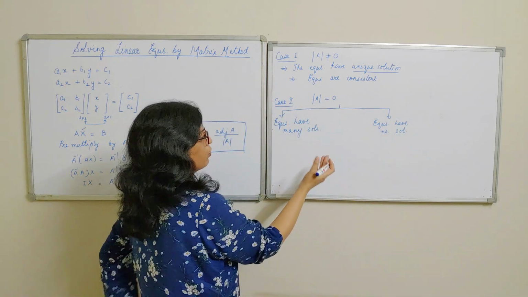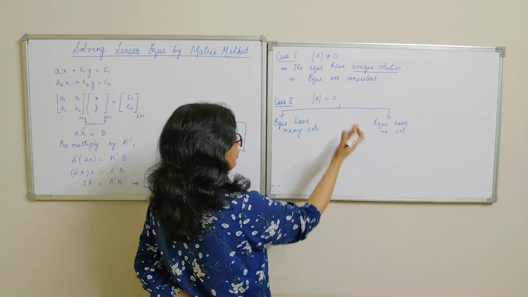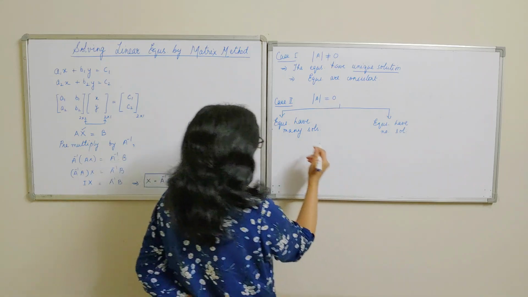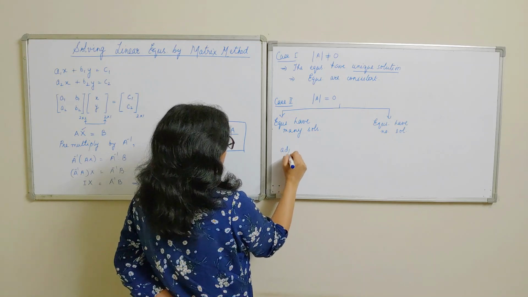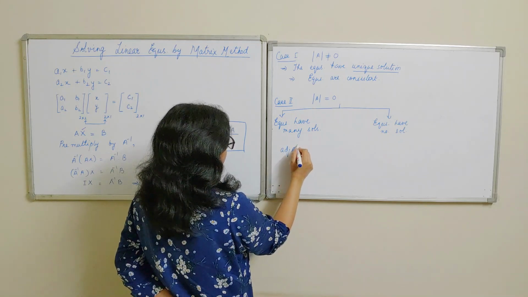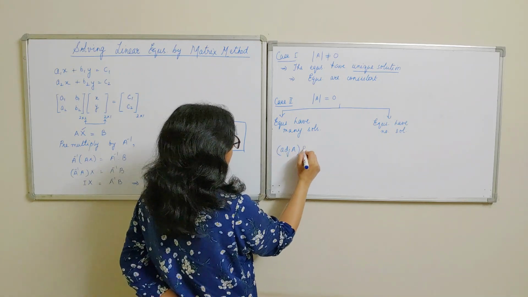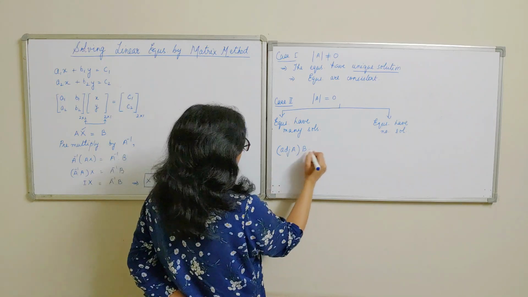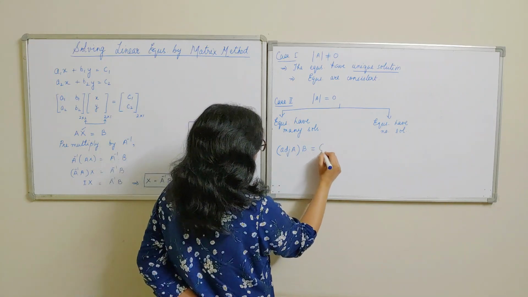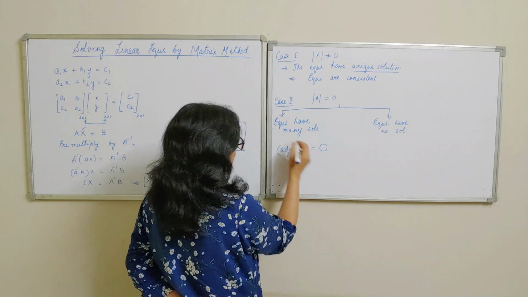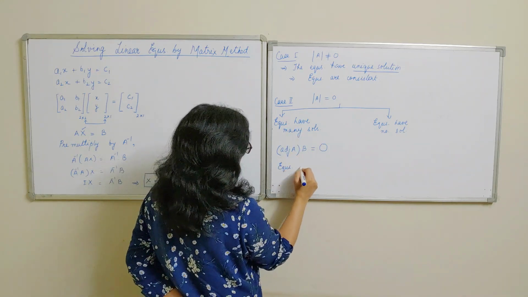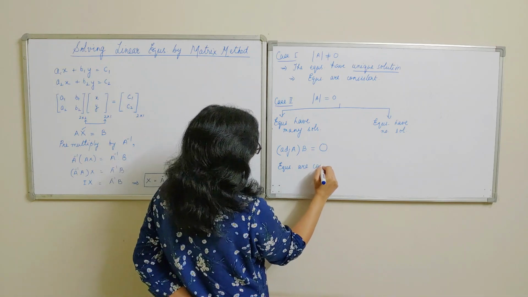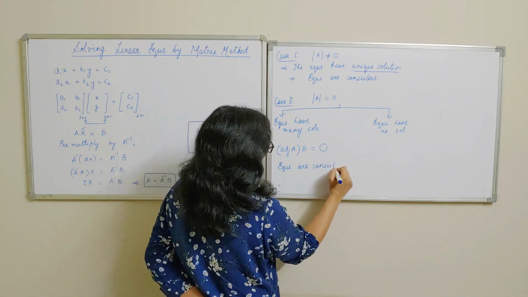So how do we know what kind of solution the equations will have in case determinant A turns out to be 0? We will find the adjoint of A and multiply it by matrix B. If this product turns out to be a zero matrix, the equations have many solutions, and in this case also we say that the equations are consistent.